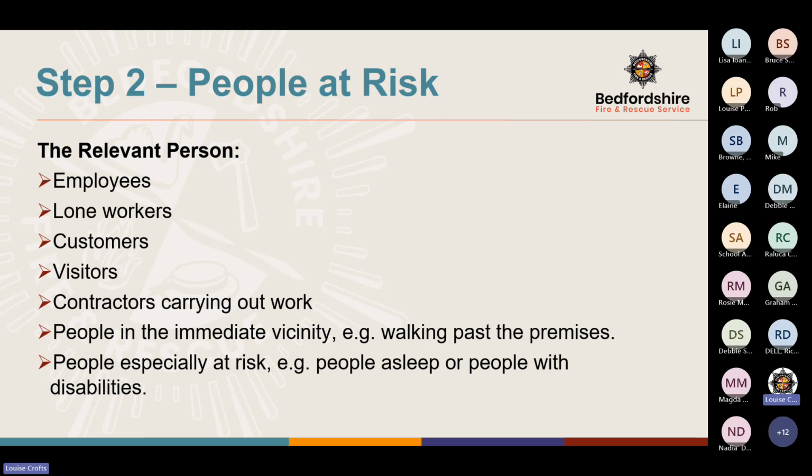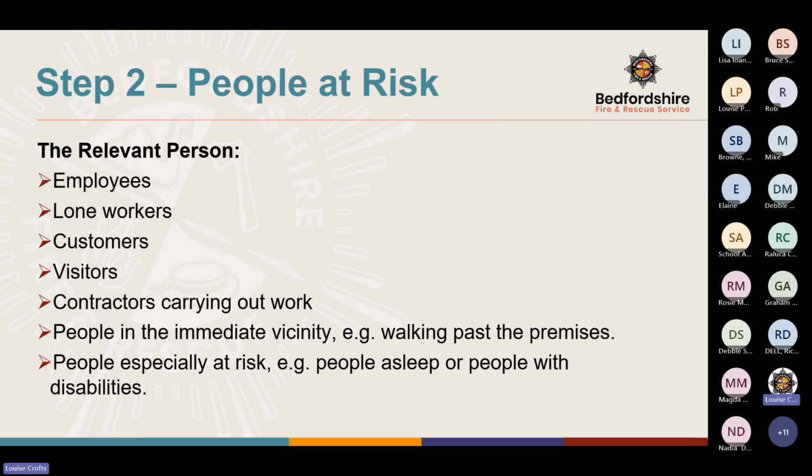Something that people don't always think about, under fire safety legislation, you also need to consider people in the immediate vicinity. So people walking past your premises, the people in the building next door. People don't always consider that. They might just focus on what's happening inside the building, which is the bulk of it. But you also need to think outside of the box, if you will.